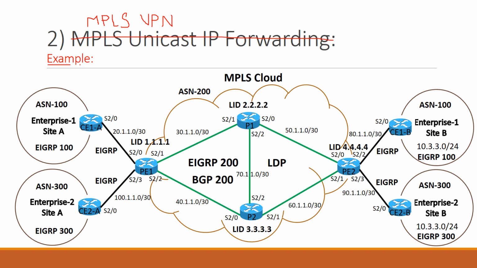So in this slide we will make a configuration for this example. As we discussed, in most of the slides we use the same topology: two customers or two enterprises, enterprise 1 and enterprise 2. Each one has two sites, site A and site B for enterprise 1, site A and site B for enterprise 2.